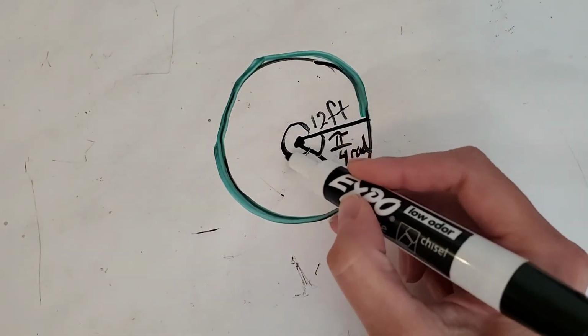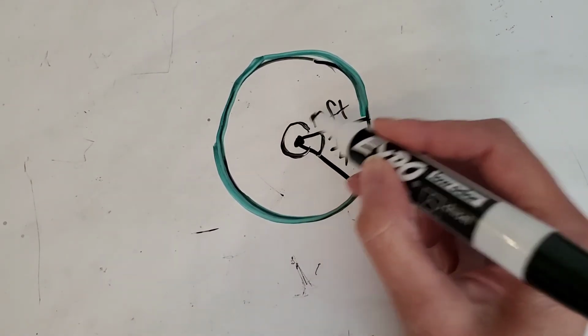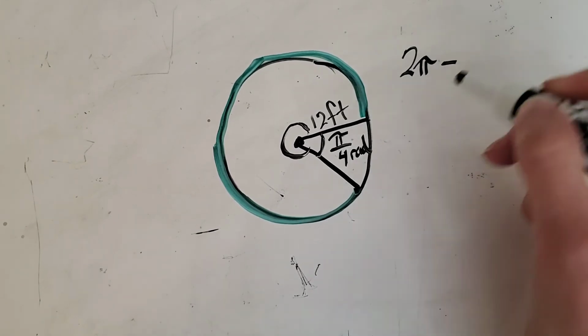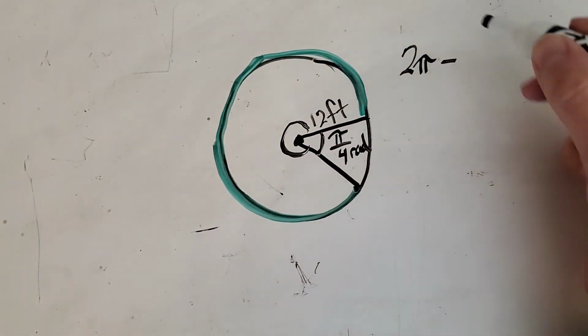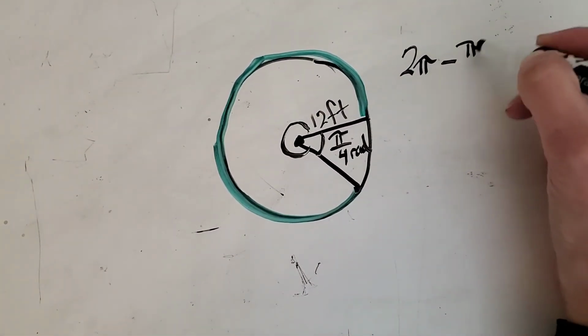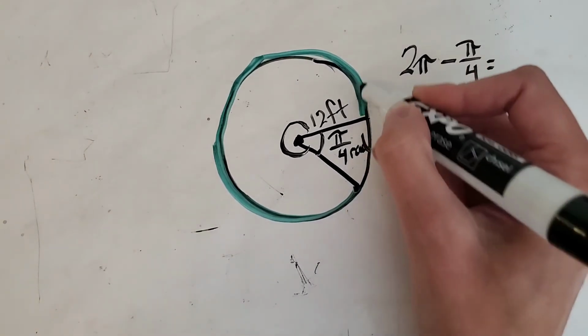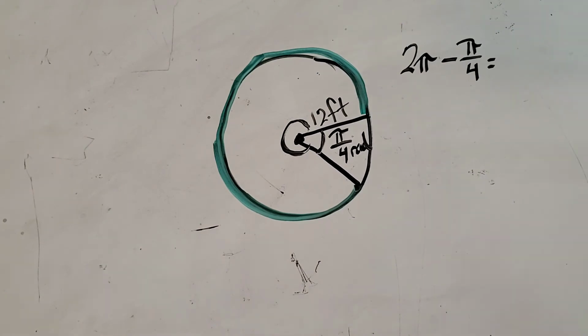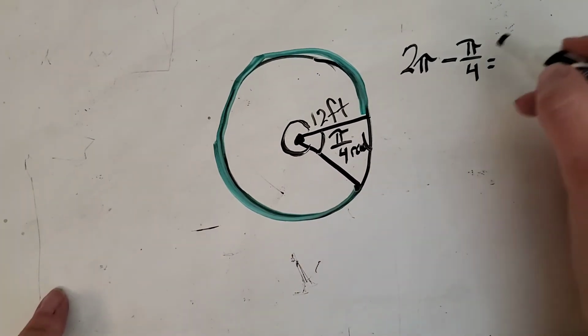But what is that? All the way around is 2 pi. So if I take 2 pi radians and subtract off pi over 4 radians, I'll get this arc length. Some of you might be like, well, I can sort of visualize that on the unit circle. If you can't, that's okay.